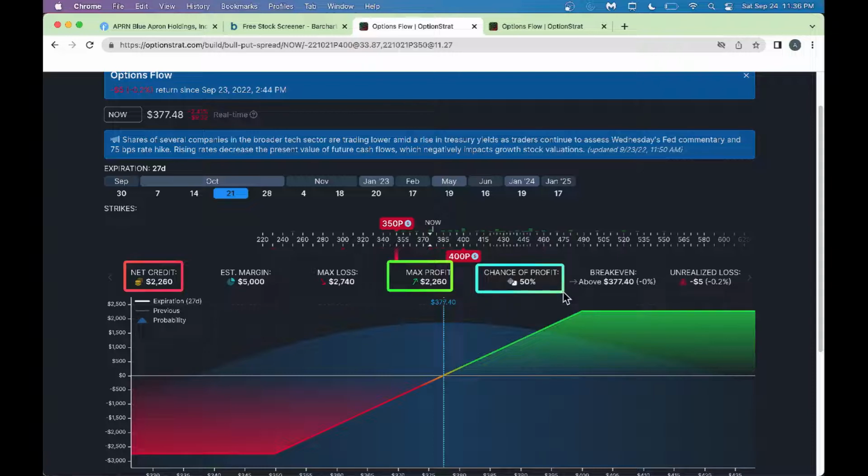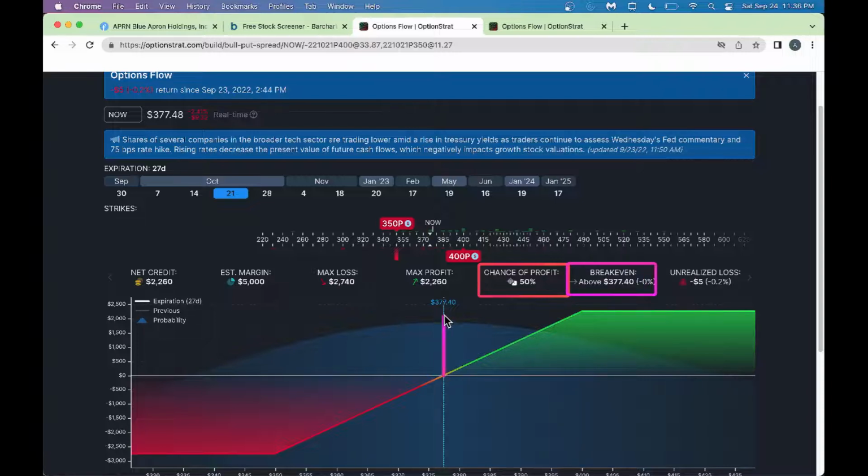This will be visible for premium members. If you pay around, say, $14 or $15, you can become a premium member of Optionstrat and look at this chance of profit. You'll break even if the stock is about 377. Right here is the break even point.